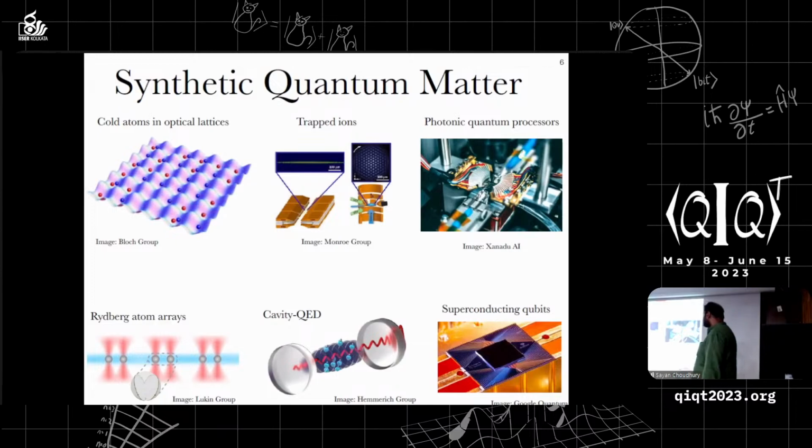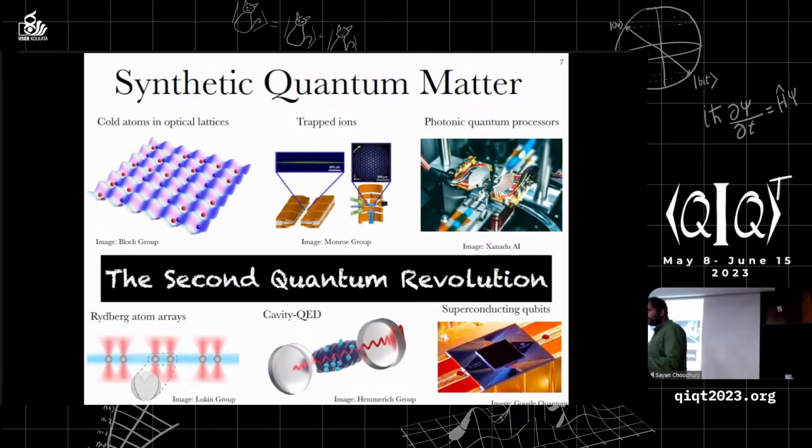And all of these systems are forming the backbone of what is now called the second quantum revolution. Wanted to put this in because this is a conference on quantum information and quantum technologies. And so these kind of systems, on the one hand, are very crucial for exploring many body physics in these synthetic quantum systems, but they can also be useful for quantum information processing.